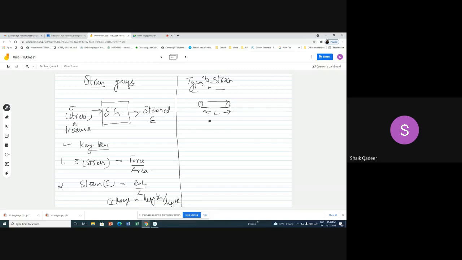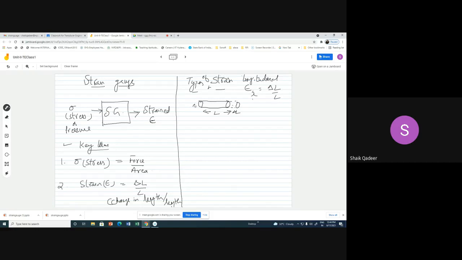Because of the application of force, the length changes from L to L plus delta L. This is called epsilon in the x direction, the longitudinal strain, which is delta L by L.